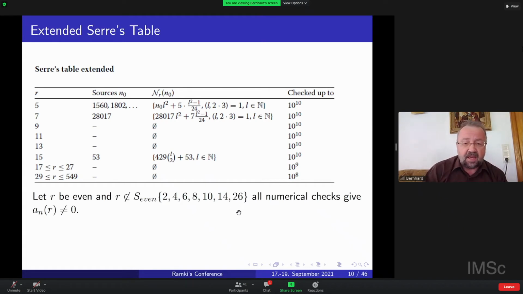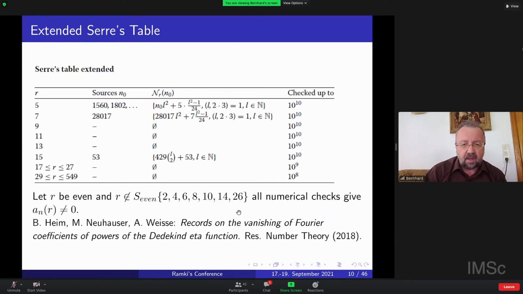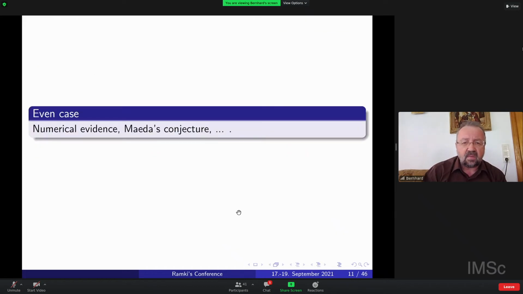Now you could say, okay, eta to the power of 48, for example, which is a weight 24 modular form, is not a Hecke eigenform, so maybe it's not true. But it turns out there's this Maeda conjecture on the Galois group of the characteristic polynomial of the Hecke operator, and we look at that in the weight 24 case.